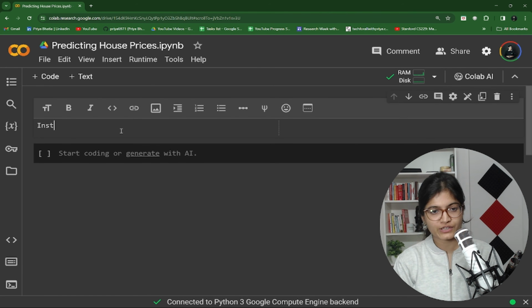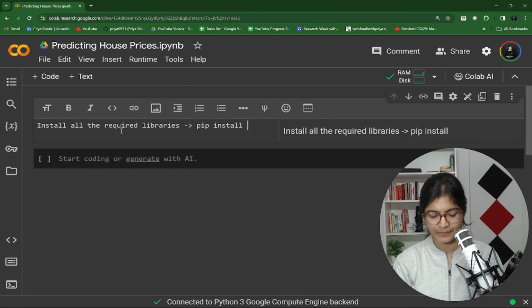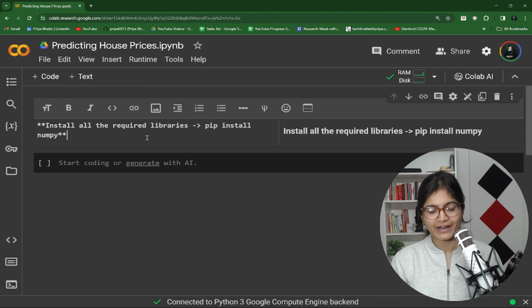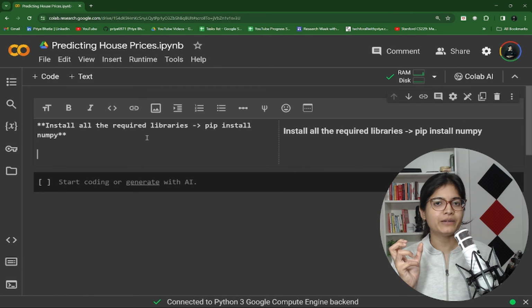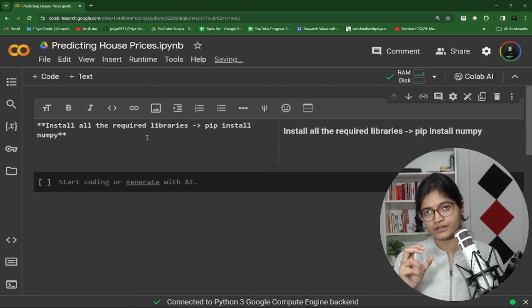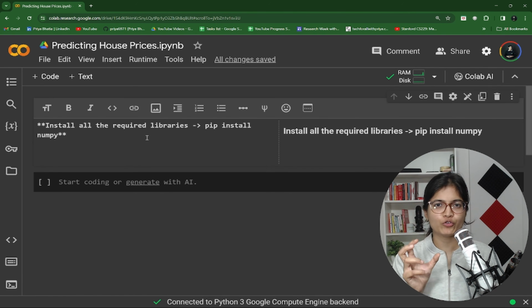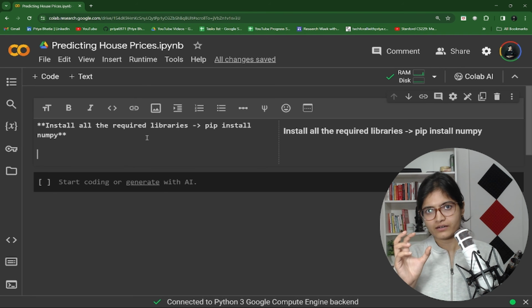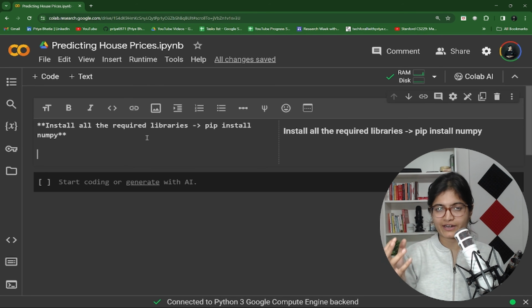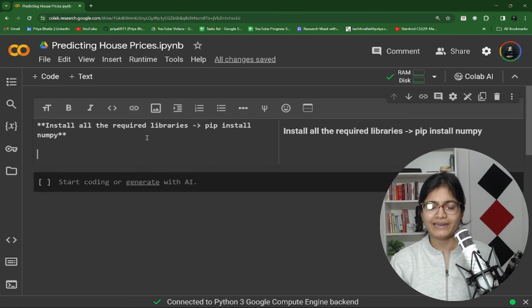For that, I'm writing a command which you have to use. The very first step is to install all the required packages or libraries that we need. The command is pip install. For example, let's say we are using NumPy, so you need to install it. In the upcoming sessions, I'll talk about the complete end-to-end pipeline in Visual Studio, where we will create a separate requirements.txt file in which we write these libraries, and then one command, pip install requirements.txt, installs every library in one go rather than one by one.